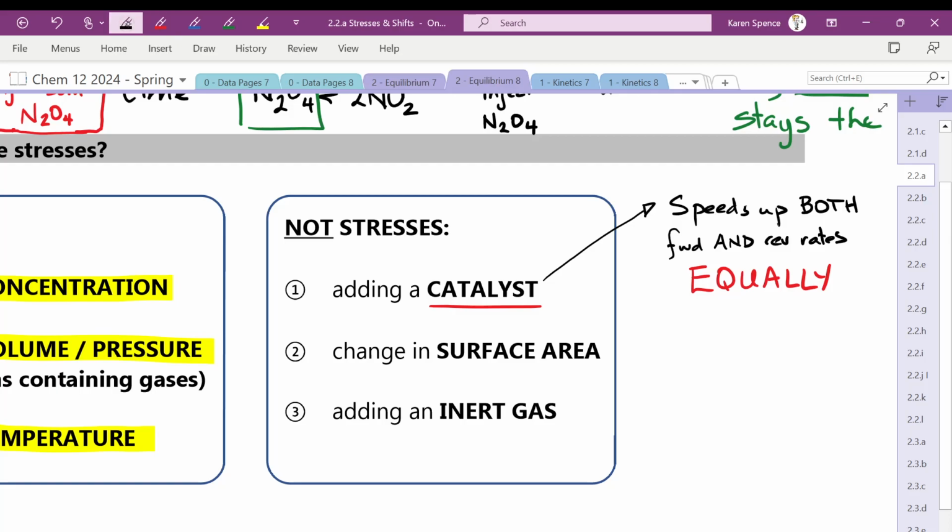Therefore, the forward rate still equals reverse rate. Therefore, we are still at equilibrium. And that's why it's not a stress. If you're still at equilibrium, the system is not stressed.